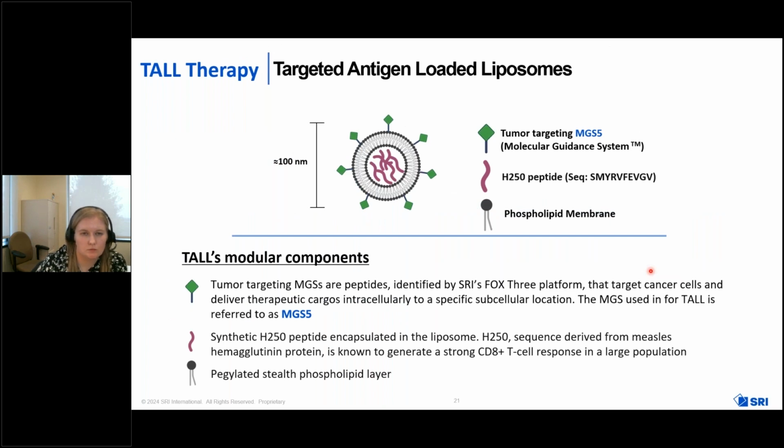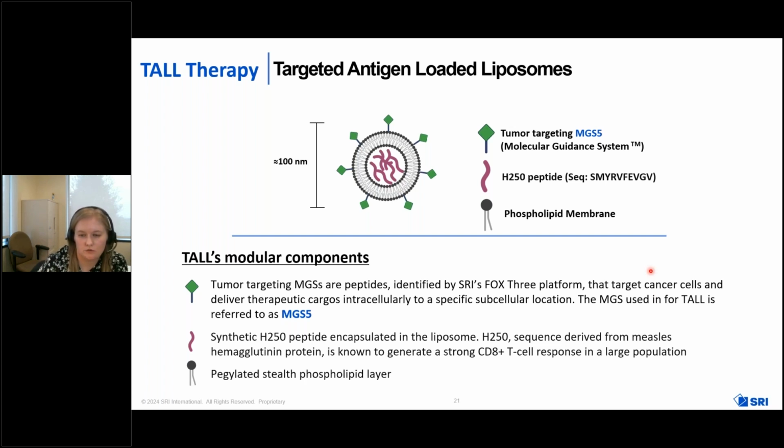So what we've done is, again, we are utilizing our targeted antigen-loaded liposomes, and TAL has three modular components. We have our tumor-targeting MGS, which in this case is our MGS5. It has a pegylated stealth phospholipid layer, as well as our synthetic H250 peptide that's encapsulated within the liposome.